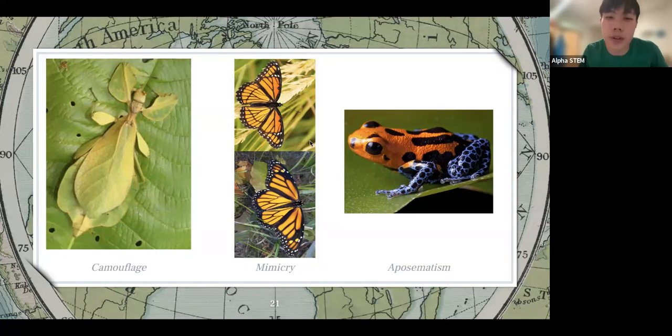But there's also Mullerian mimicry where two poisonous species look like each other. The reason for this is so the predator has an easier time recognizing which species are poisonous, because if the predator had to learn a new look for each different poisonous species, it would have to test a lot more poisonous species and therefore lead to a lot more deaths of these insects.